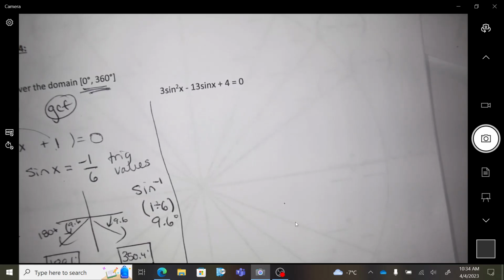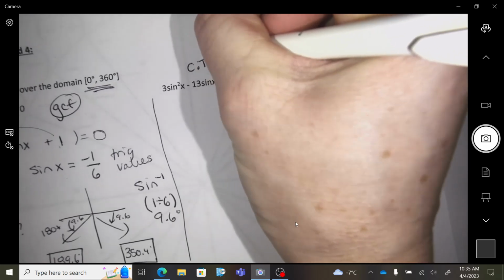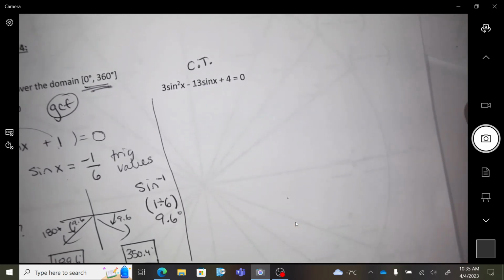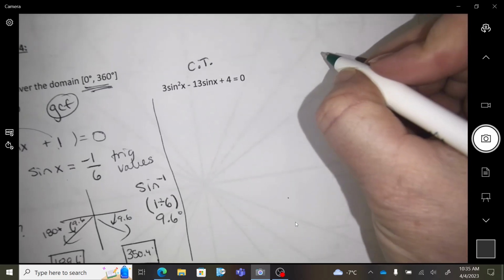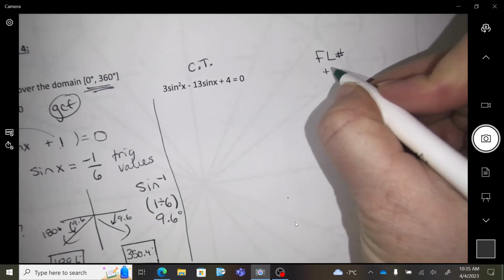Somebody know what style that would be? Did you think it looks like a complex trinomial? Yeah. How do we start complex trinomial business? What do we do? Flood. We get the flood number, which is positive 12.